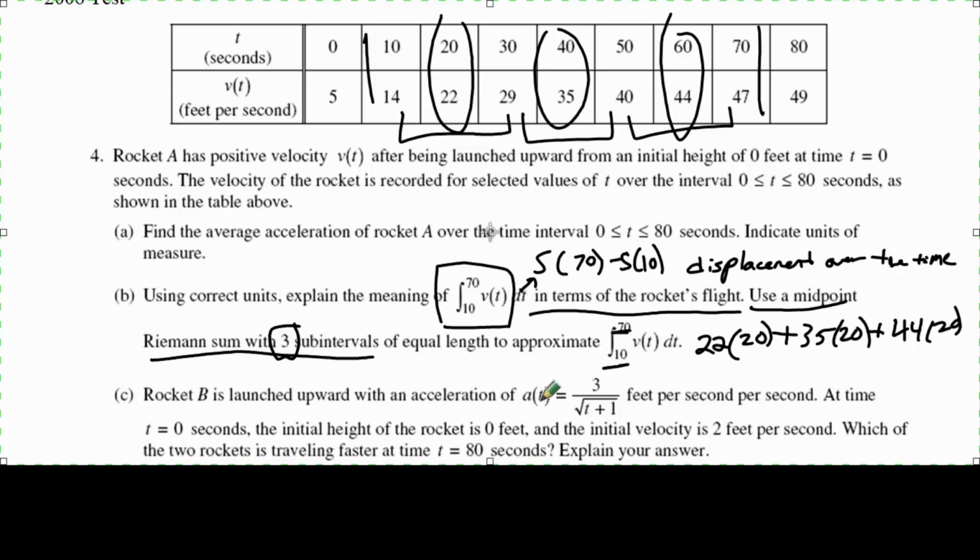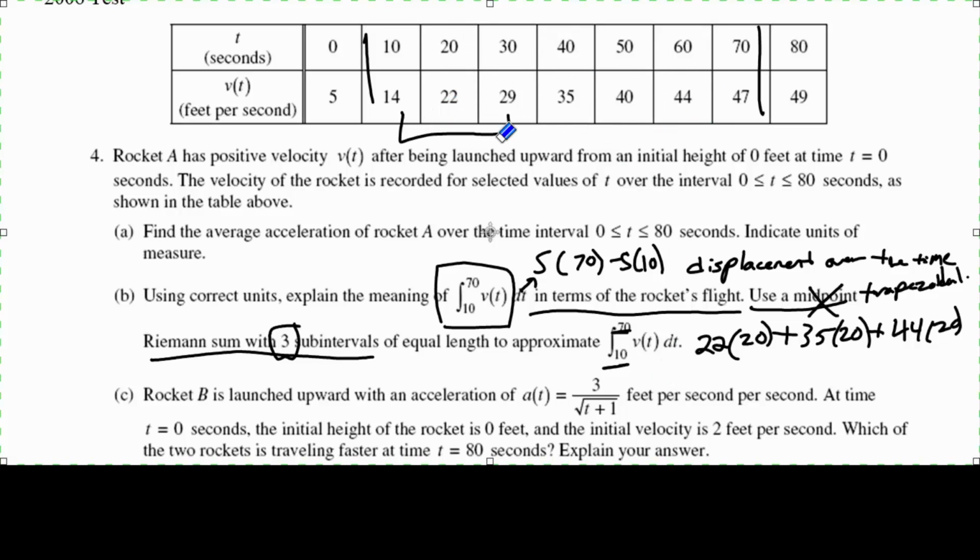Now, let's say, just so that we can talk about how to do it, what if it didn't say midpoint? What if it said use a trapezoid? Okay, so instead of midpoint, we're going to trapezoid. So here's the deal with the trapezoid. Area of a trapezoid, and we'll stick from 10 to 70, you probably see it this way.